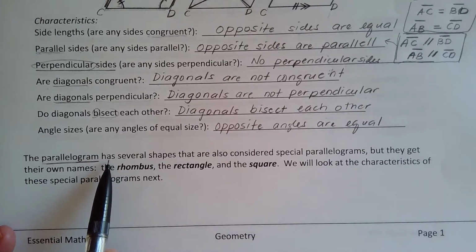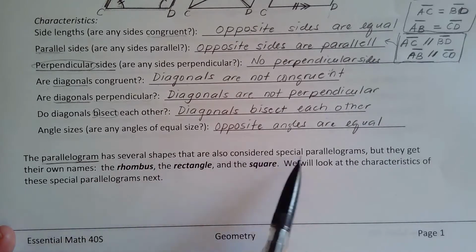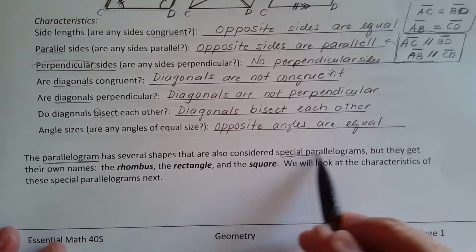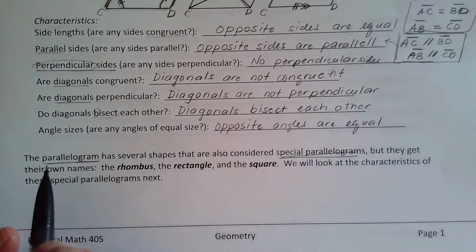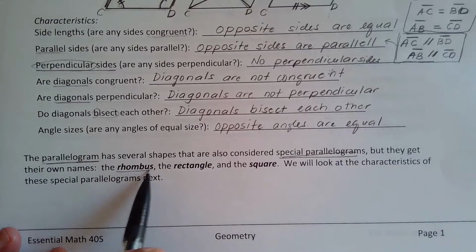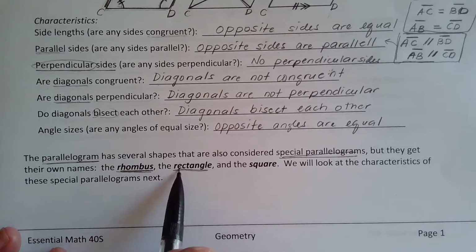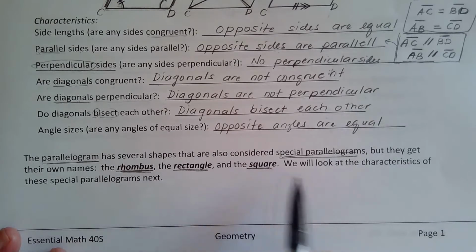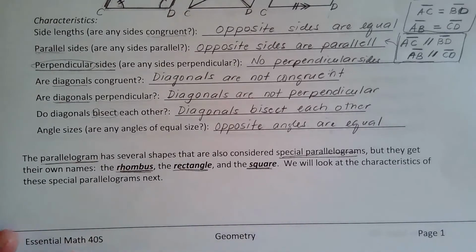There are several shapes that are also considered special parallelograms. They're special, but they have their own names. So here are the special parallelograms: a rhombus, a rectangle, and a square. And then we will look at those special parallelograms.